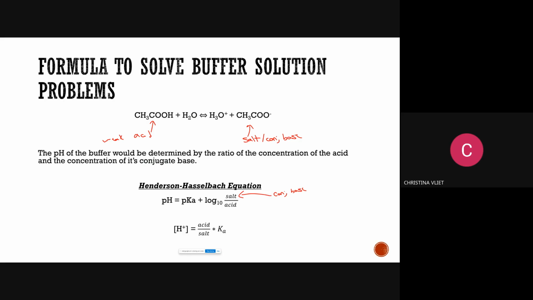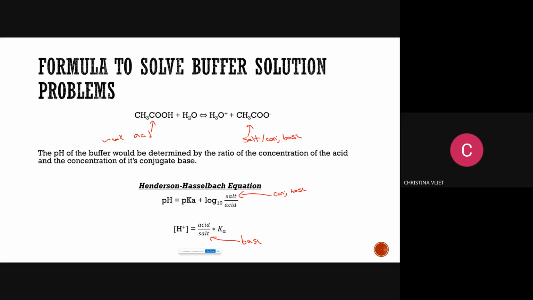Your other choice is the AB formula. Acid over salt times Ka or acid over base times Ka. Whichever way you want to remember it, technically you should view it as both. Because sometimes you'll see it as a salt and sometimes you'll see it as the conjugate base. It's the same thing, it's just the frame of how they present the question to you that could make it confusing. So, you can make a buffer a different way than what we did last class in the lab.